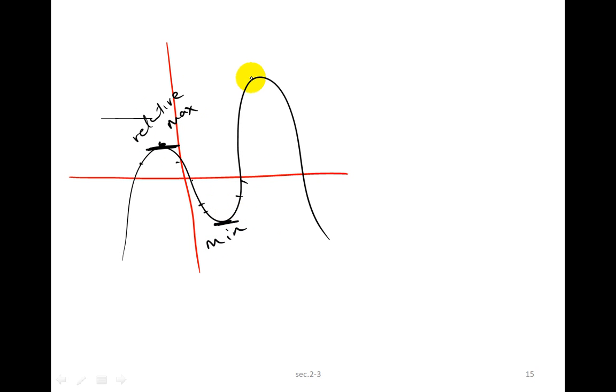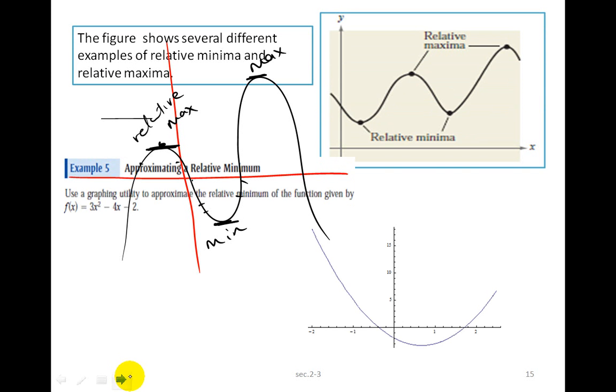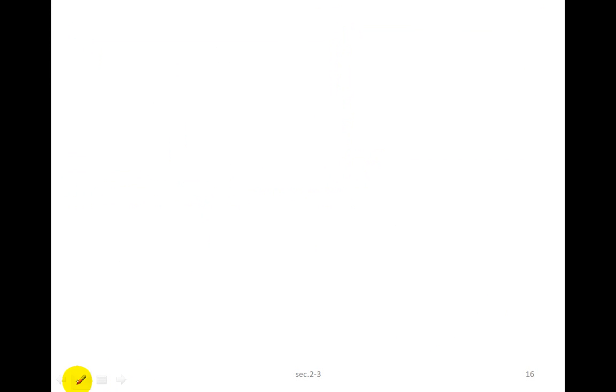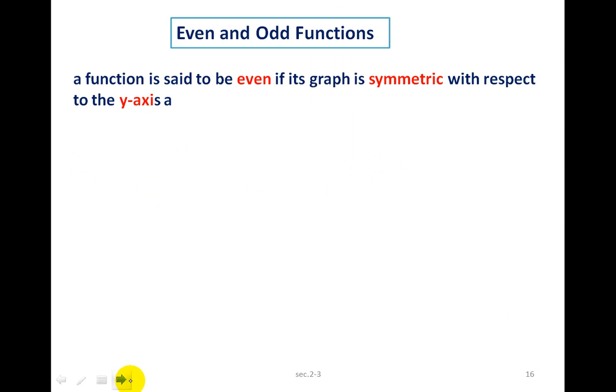Minimum, and again here it's a relative maximum. So this way you can decide where the relative maximum and minimum points are in the graph. Same thing here, they're showing you where it's relatively minimum, and here it's relatively minimum, and here you have relative maximum points.